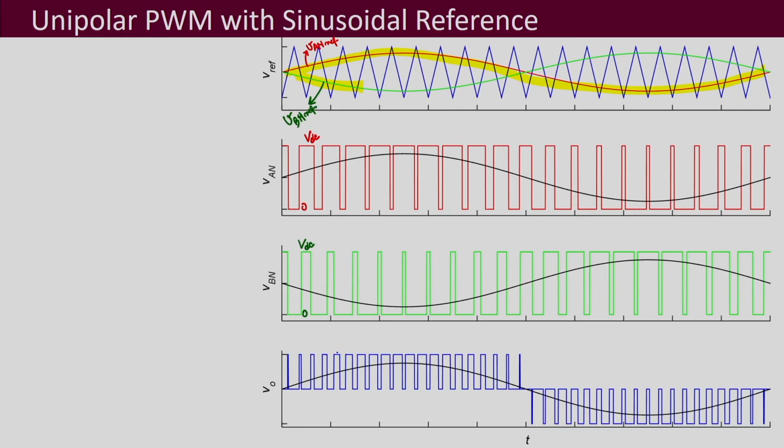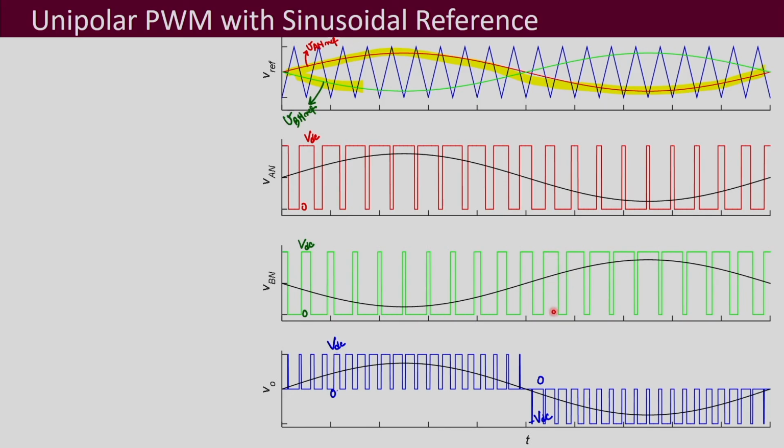Here you can see it varies from 0 to VDC for this much period, and then for another period it varies from 0 to minus VDC, because that is how the difference is appearing.